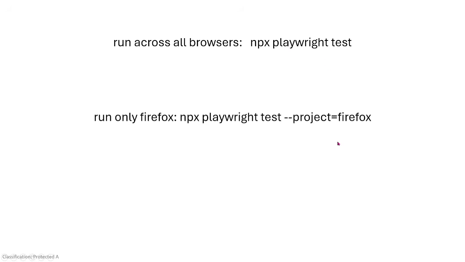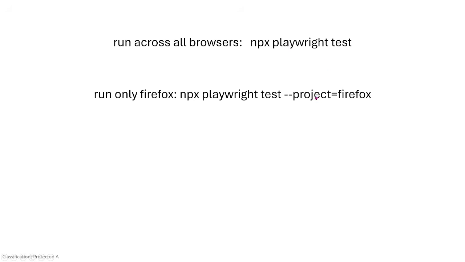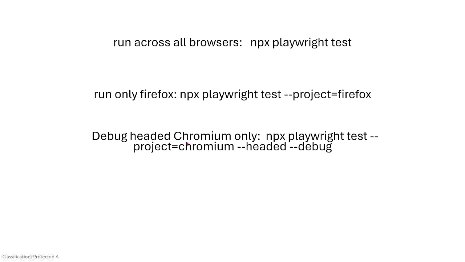Here I list some of the commands for running the automation test. This one is for running the Playwright test. And this is for running the test for just the Firefox browser. And here we use Chromium with headed and debug mode. Here it shows the test result.